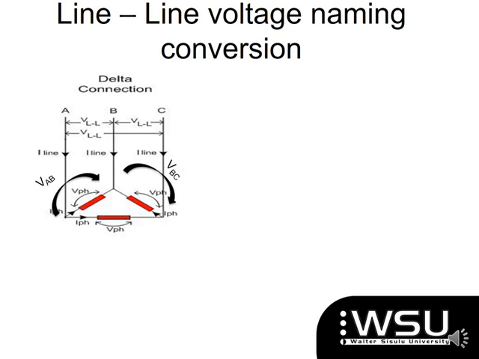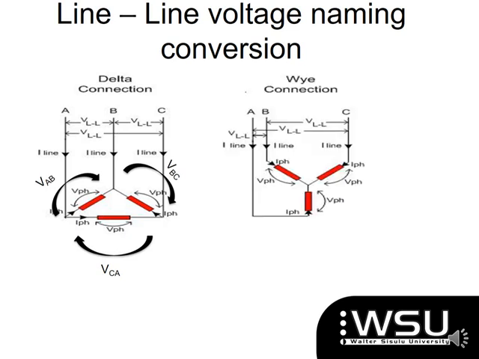Then our last voltage is called VCA, and it is coming from C phase going towards A phase in a clockwise direction. That's why our voltages are named VAB, VBC, and VCA in that sequence.